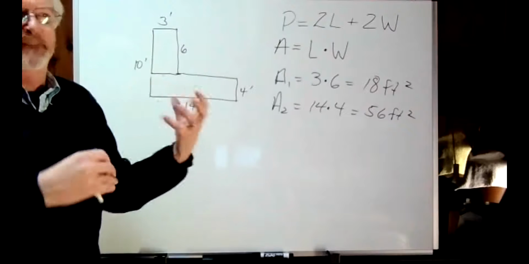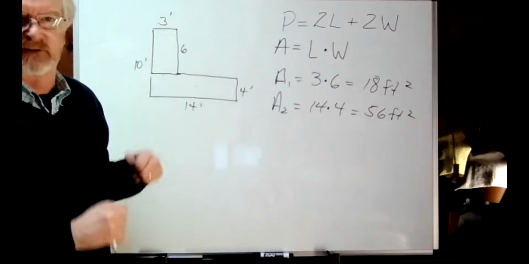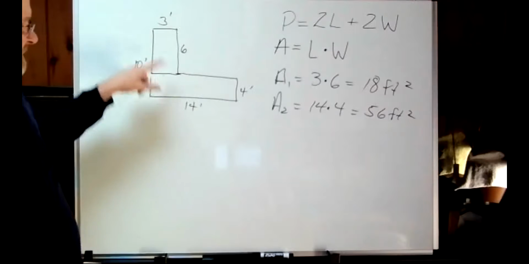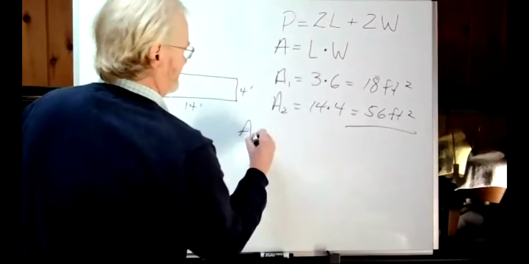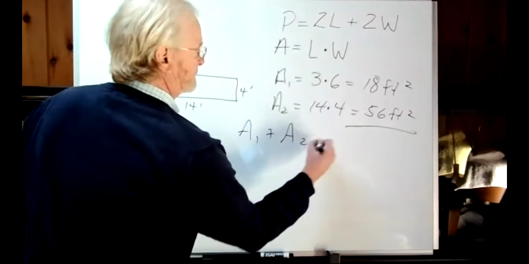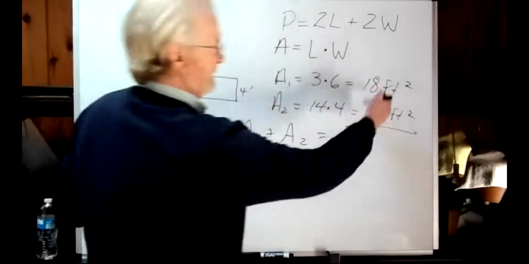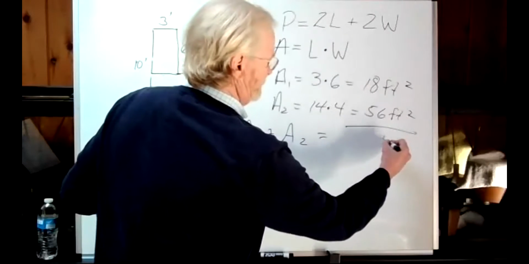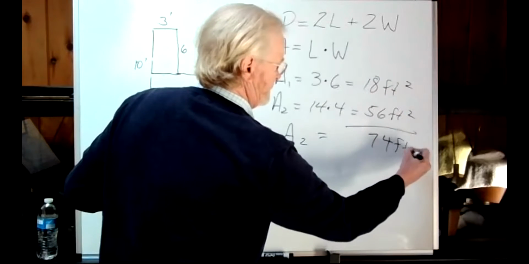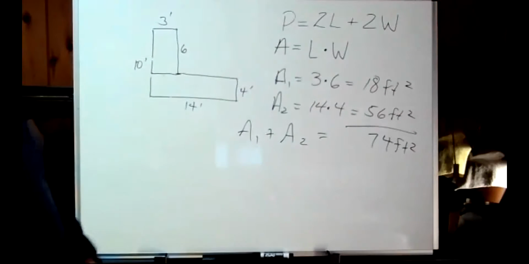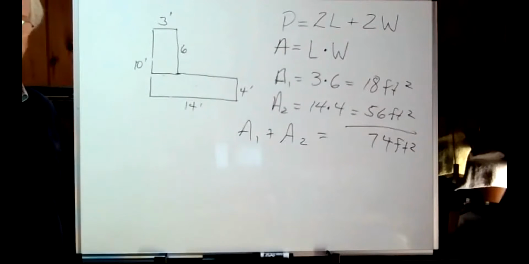So I had to cut it up into pieces that I could calculate and find the dimensions for, and then calculate them separately. And then I'm just going to add them up. Add those 2 together, and what do I get? Let's see, 5, 6, 7. 74 square feet in those 2 pieces.